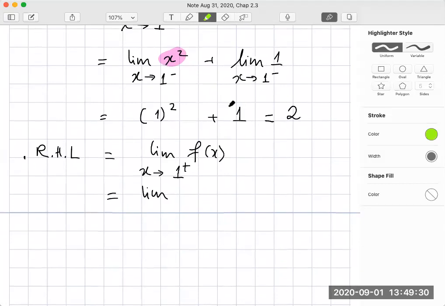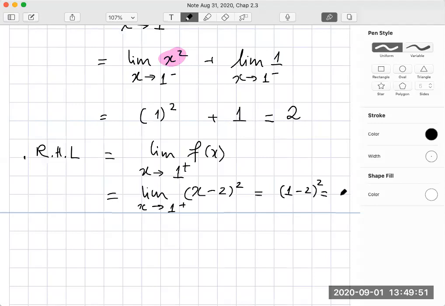So f of x here in this case is x minus 2 squared when x approaches 1 from the right. Now we put this value into this. So it is -1 squared, which is 1, right?